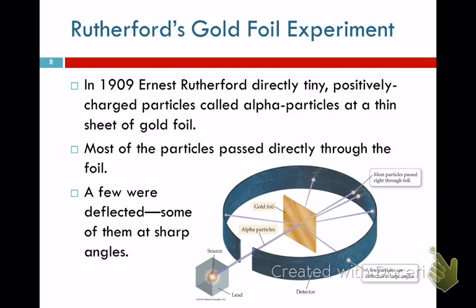Matter is mostly empty space. And that goes along with this observation that all the particles flew through. But a few particles deflected or came straight back at large angles.